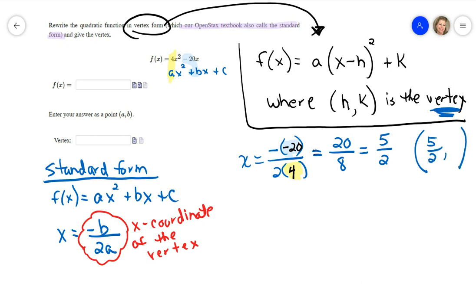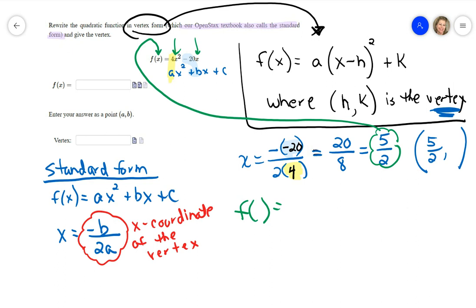And now I need the y coordinate. Well, what I'm going to do is I'm going to take the 5/2 and I'm going to plug it into the original function everywhere there's an x. So f of x is equal to 4 times x squared minus 20 times x, and x was 5/2.